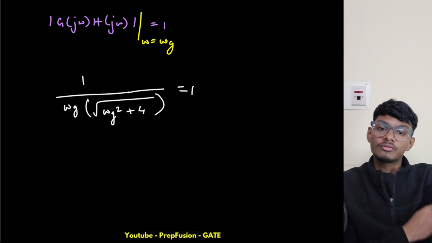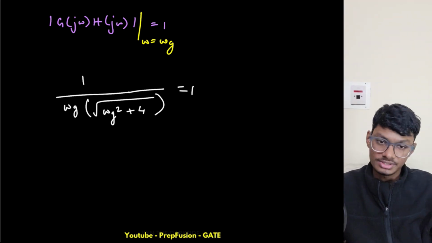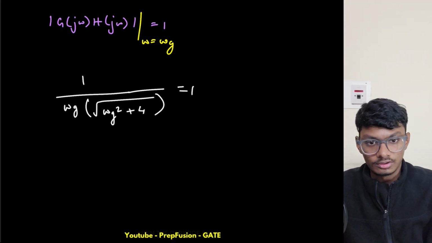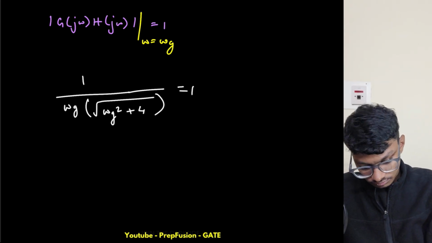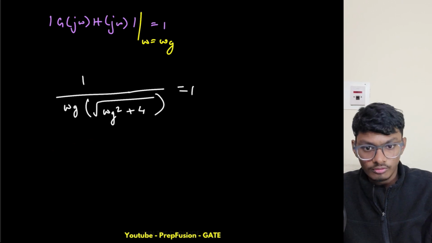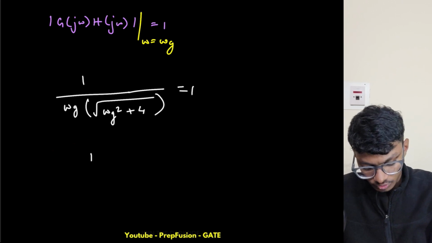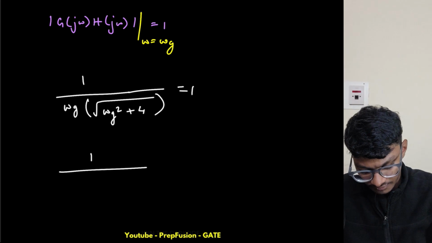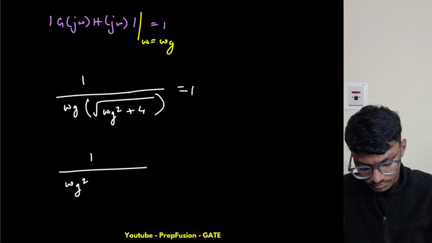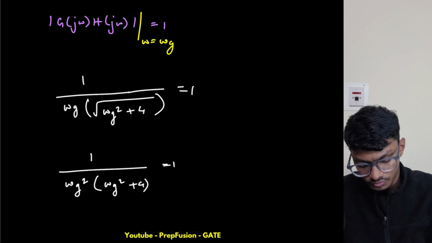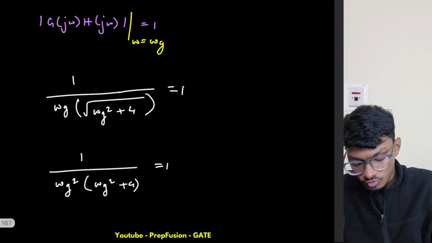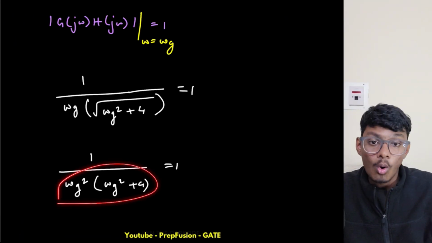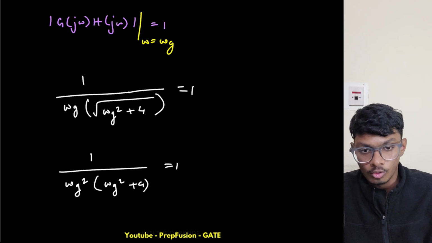Now from here we have to calculate omega g. Generally, calculating the gain crossover frequency is difficult. Why? As you can see here, how do we find omega g? I will square both sides. On the left-hand side I will be left with omega g square into omega g square plus 4 equals 1. This becomes a quartic equation, a polynomial of order 4.